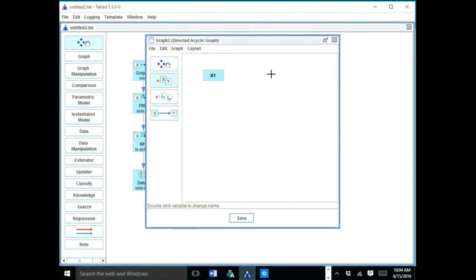Now suppose I do something a little interesting. So now I say that x1 is a direct cause of x3, x2 is a direct cause of x4, but x3 and x4 are related because there's a common cause, L1, a latent variable in between them.